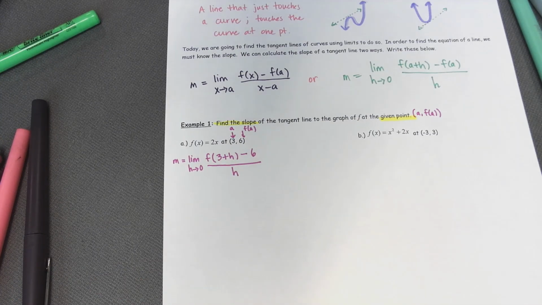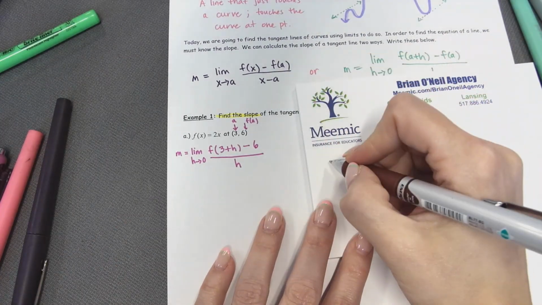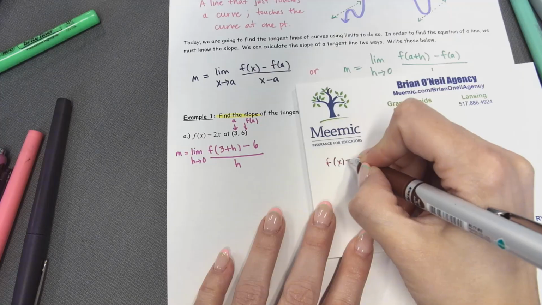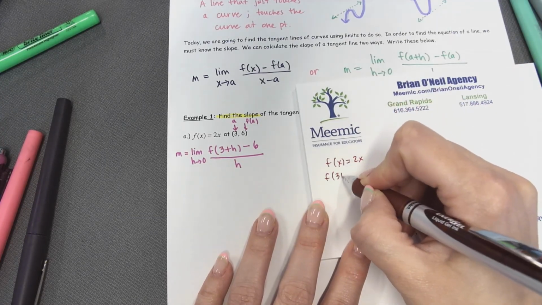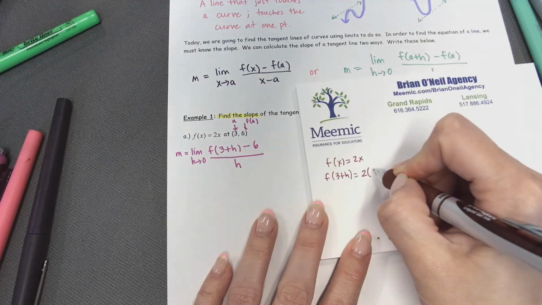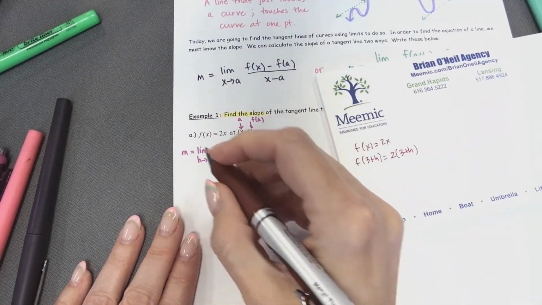Remember, f of 3 plus h just means in the equation f of x, I'm going to plug in 3 plus h. Okay, so I'm going to write it just on the side here, and then we'll do it together. So this is f of x is equal to 2x. So f of 3 plus h is equal to 2 times 3 plus h. That's what I'm going to be plugging in here.